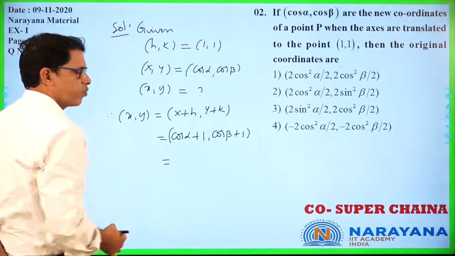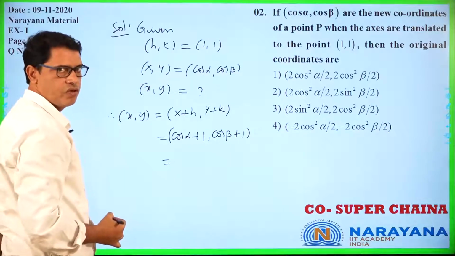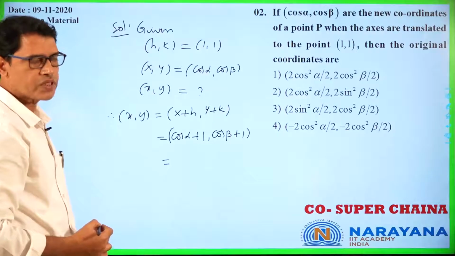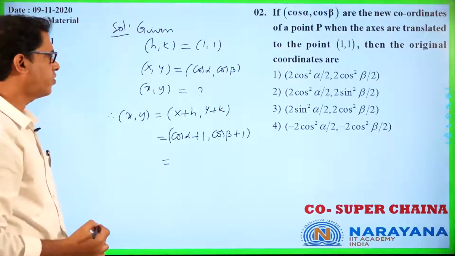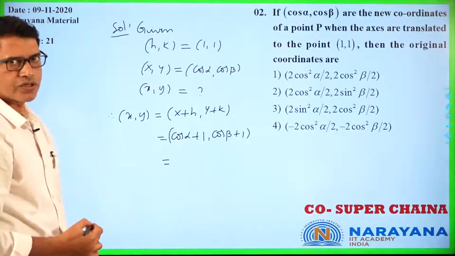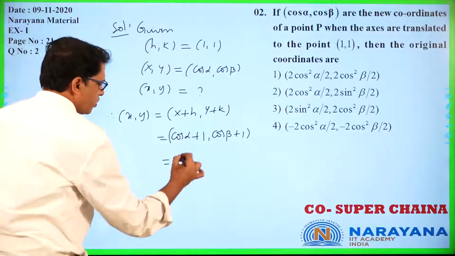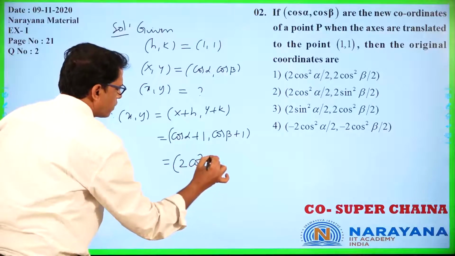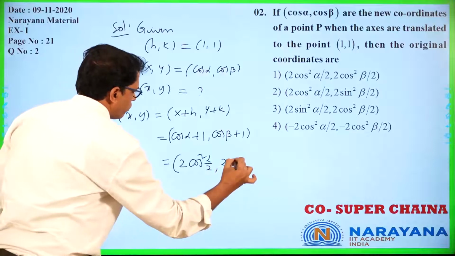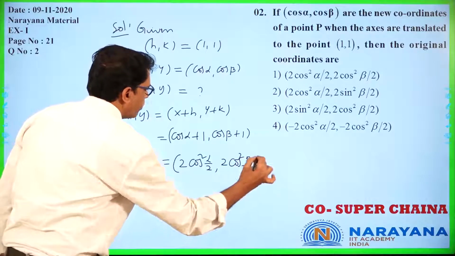Now formula: 1 plus cos A. So how much? 1 plus cos A is 2 cos square A by 2. 1 plus cos beta, 2 cos square B by 2. So this will be 2 cos square of alpha by 2, and 2 cos square of beta by 2.